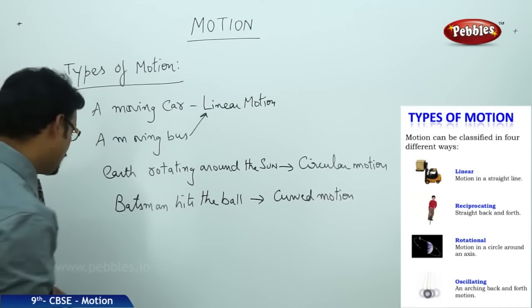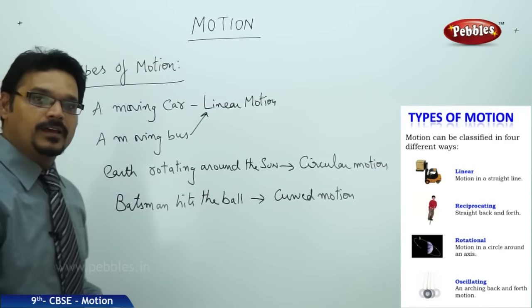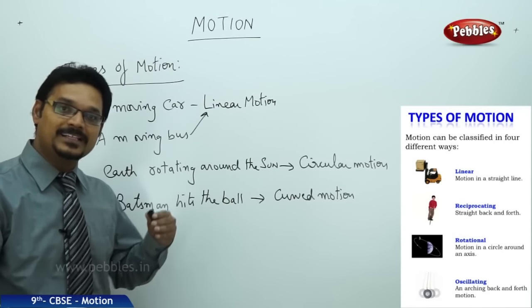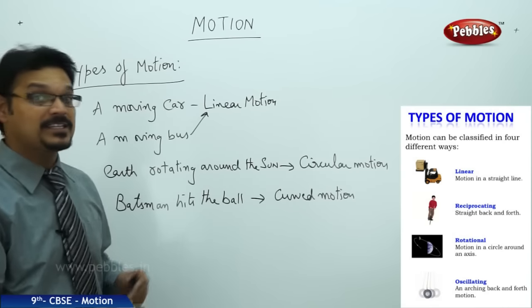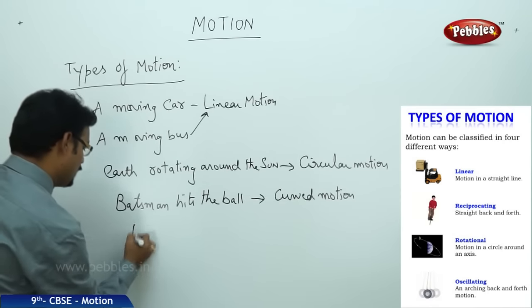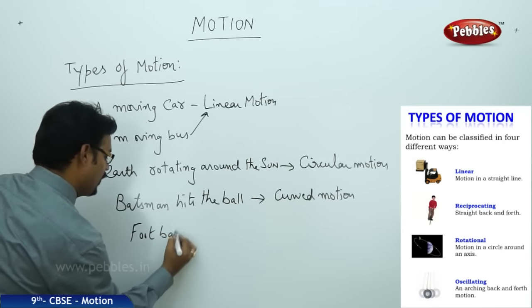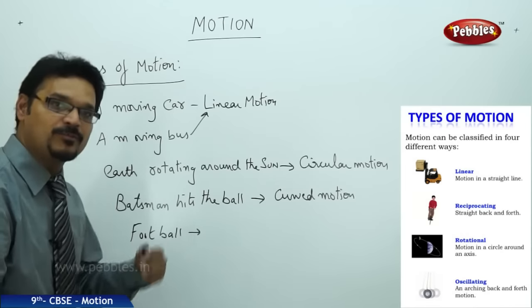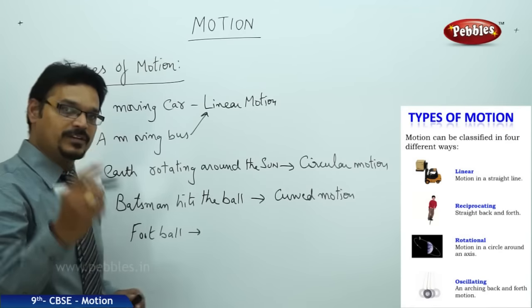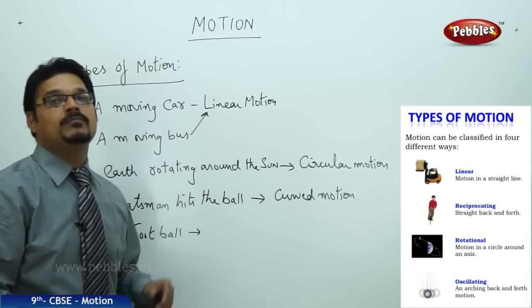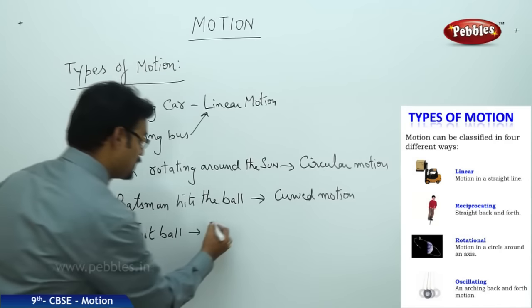Now, a football player kicks the ball. Then what is the path of the ball? Yes, of course you are correct. It is curved motion, but specifically it is called projectile motion.